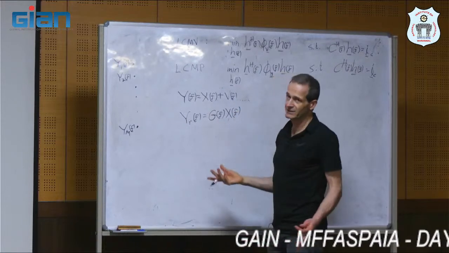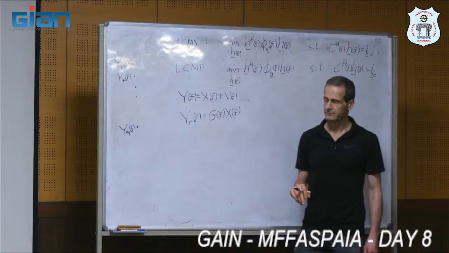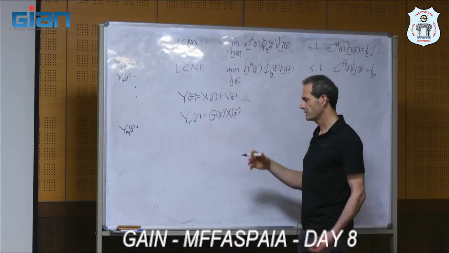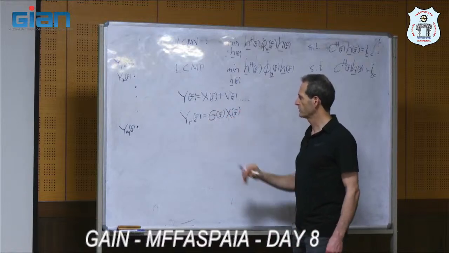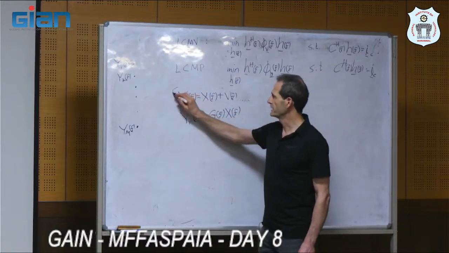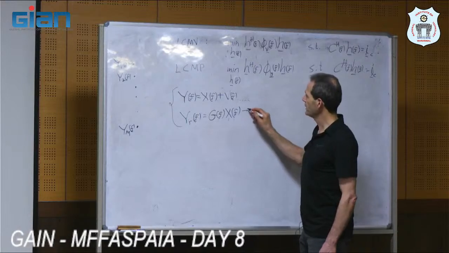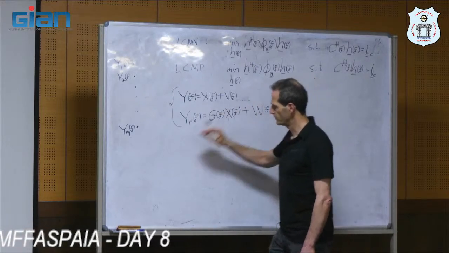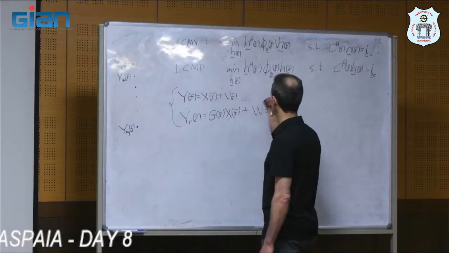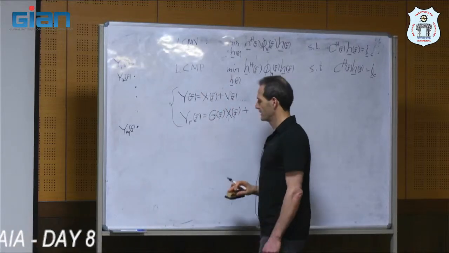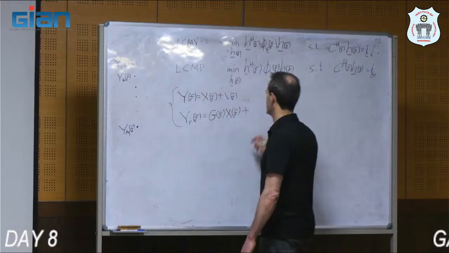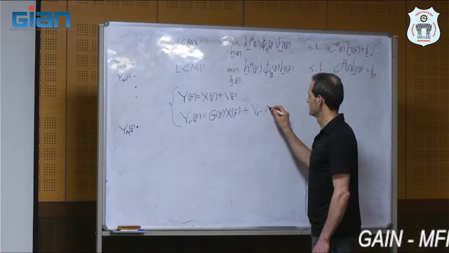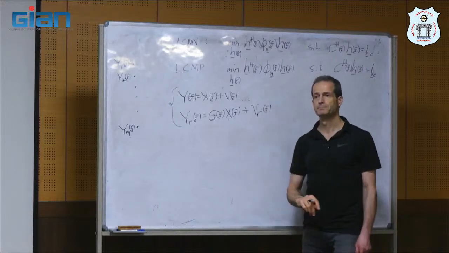Usually G is small, because in the reference channel the desired signal is much lower. But we make a general estimation here. Plus noise. Oh, we use W for the filter, so let's use something else. Let's call it VR. This is the noise in the reference channel.